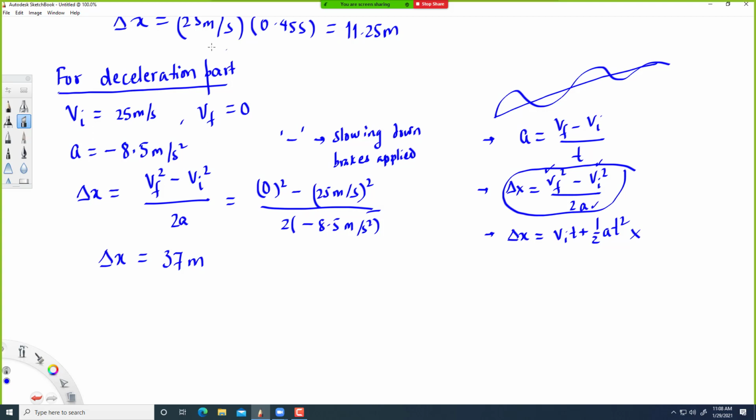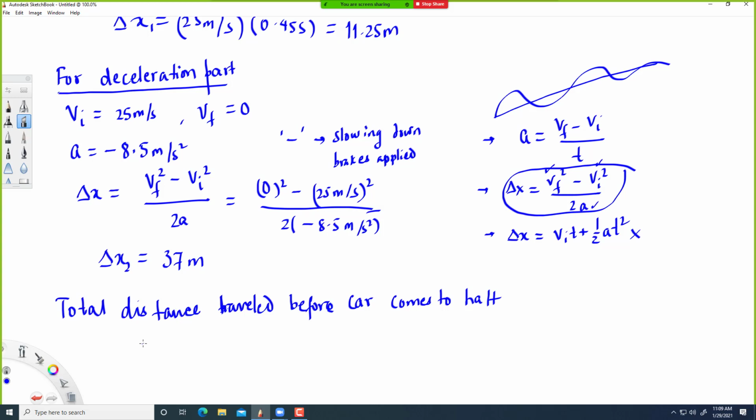Now we have this part. Let's call this x1 and this x2, instead of writing the same symbol for both. So the total distance traveled before the car comes to a halt is delta x equals delta x1 plus delta x2.